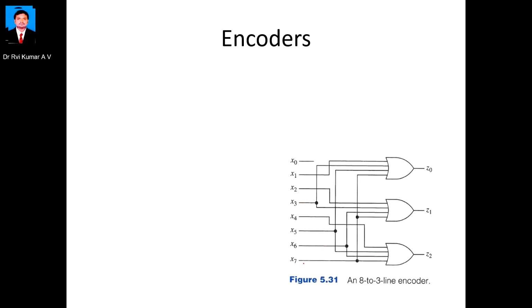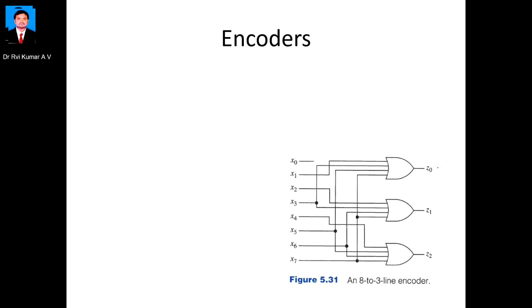In the functional diagram, we have 8 inputs: x0, x1, x2, x3, x4, x5, x6, x7. I'll tell you the disadvantages of the basic encoder, the problems encountered in the encoder, and how to overcome them. So here is the block diagram.